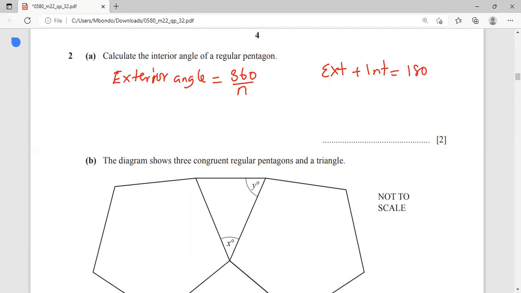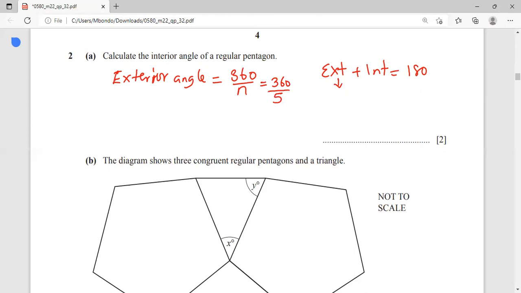So if we are talking about a regular pentagon, what is a pentagon? A pentagon is a 5-sided regular polygon. So the number of sides is 5. So we have 360 divided by 5. What we are going to get here is an exterior angle. Take note of that.